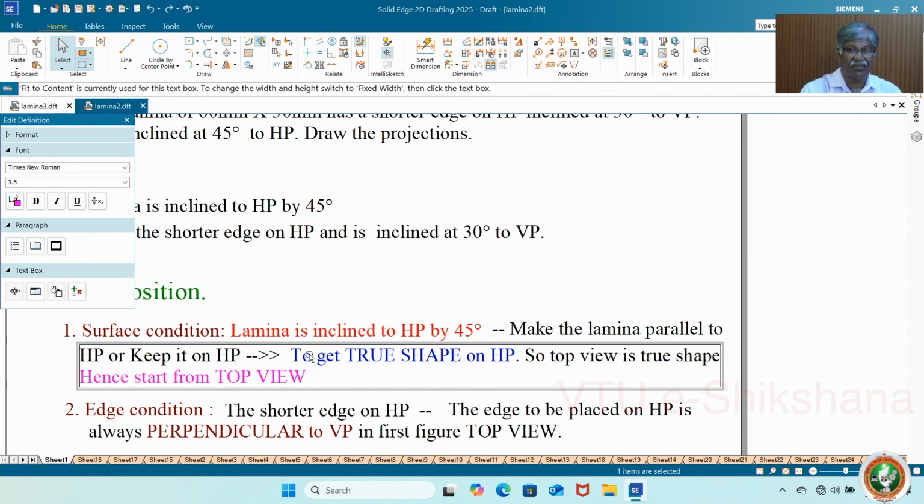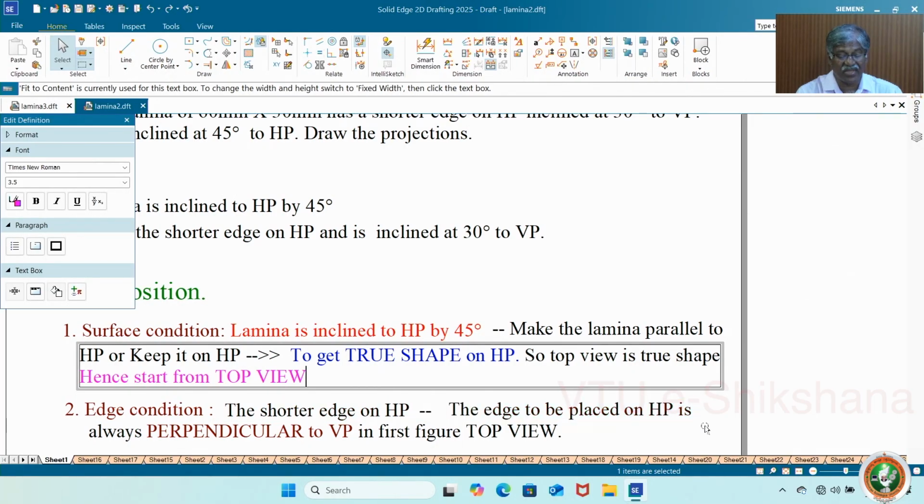Many times people ask from where you start, whether front view or top view. Definitely, this particular problem is from top view because I have given the reasoning also why you have to start from top view. Now, the question of what to keep, right extreme, left extreme, whether edge perpendicular or whatever, smaller edge or longer edge. The edge condition, the shorter edge on HP is given.